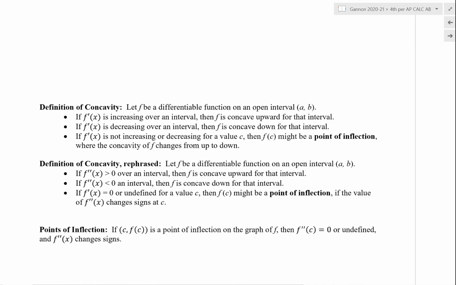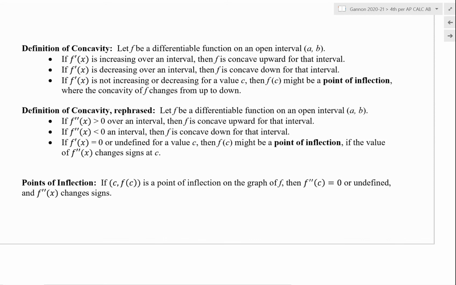So in the notes, you guys are definitely going to want to read through these and make sure you understand what they're saying. I'm going to go through them quickly. The definition of concavity says that let f be a differentiable function on an open interval from a to b. If the first derivative, so f prime of x, is increasing over an interval, then f is concave upward for that interval.